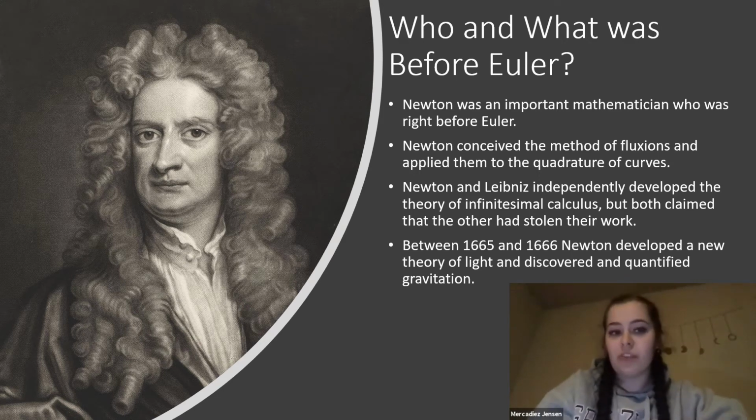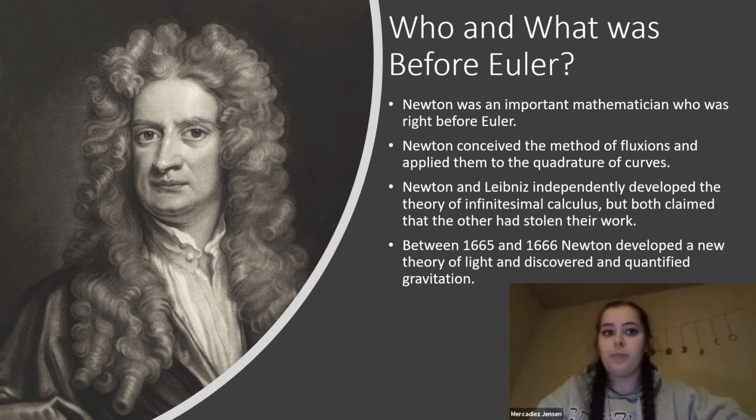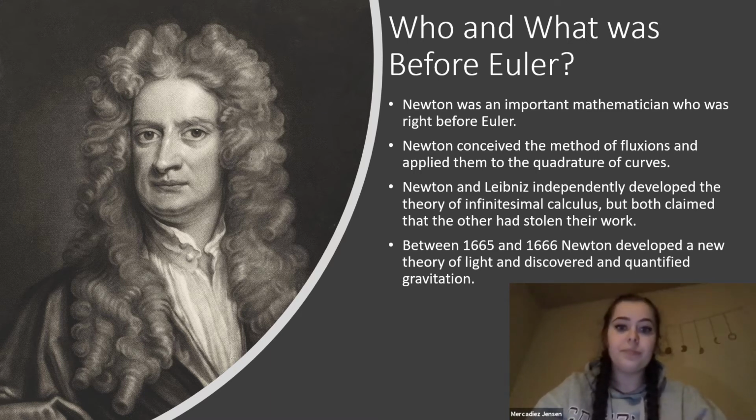As we saw on the previous slide with Sam, there are many people before Euler who made important discoveries. We are going to specifically talk about Newton, who was an important mathematician right before Euler. Newton conceived the method of fluxions and applied them to the quadrature of curves.